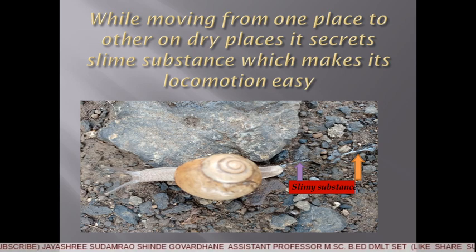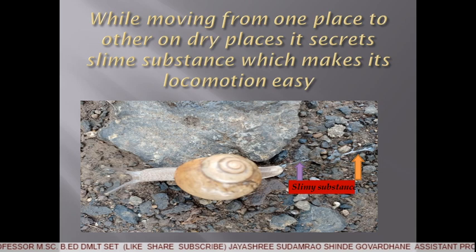Likewise, Pila can locomote, means from one place to another it can move with the help of a large massive foot. It creeps very slowly with that massive foot. Now in this figure it is actually not Pila, it is another snail, but I want to show you the slime layer, so I have used this picture here.